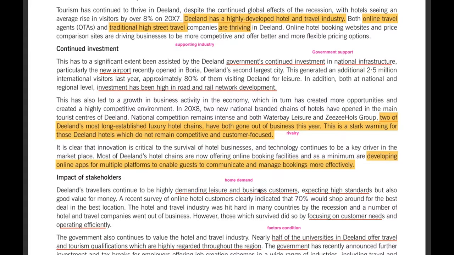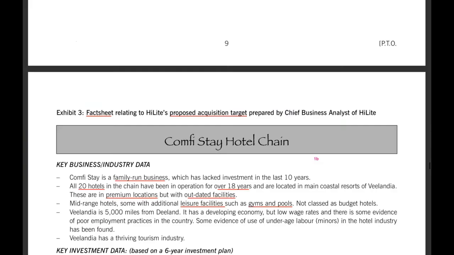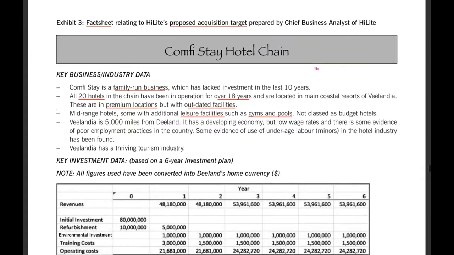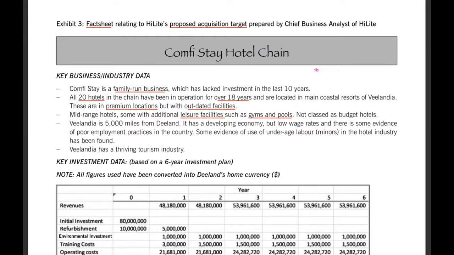All right, so remember this one can also be used to help you with this particular evaluation as well. Okay, perhaps by acquiring this particular Comfy Stay would be able to satisfy the needs of those particular travelers who demand for the leisure, because they have leisure facilities here, whereas the existing Highlight they don't have. All right.